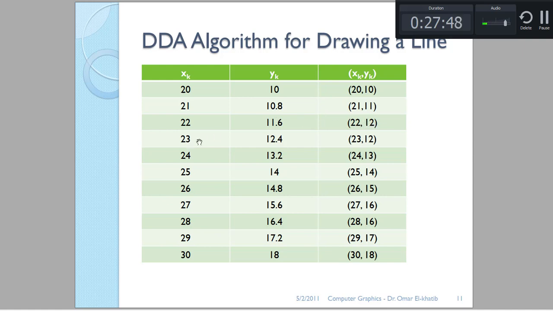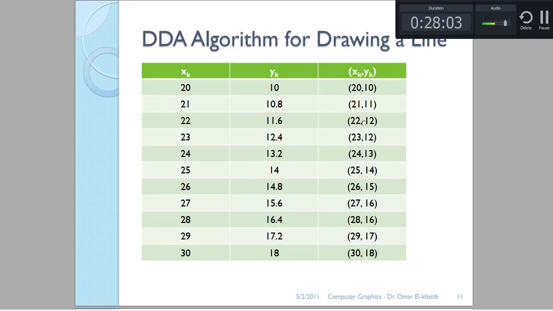We increase x by 1, that becomes 23, and we increase y by 0.8. So 11.6 plus 0.8 becomes 12.4. When we round it, it again becomes 12. So this point and this point, you see, have the same y. So this line will be something in which at some points the y value will be the same.